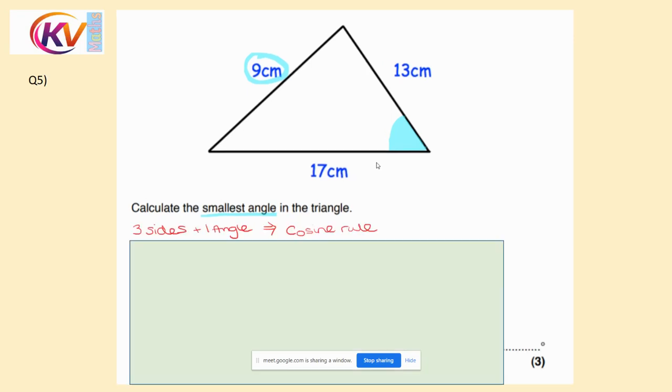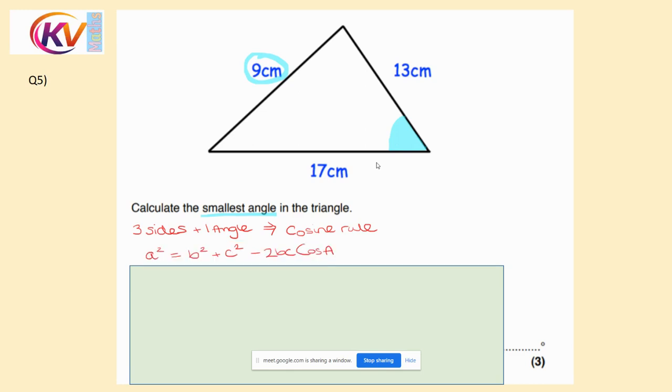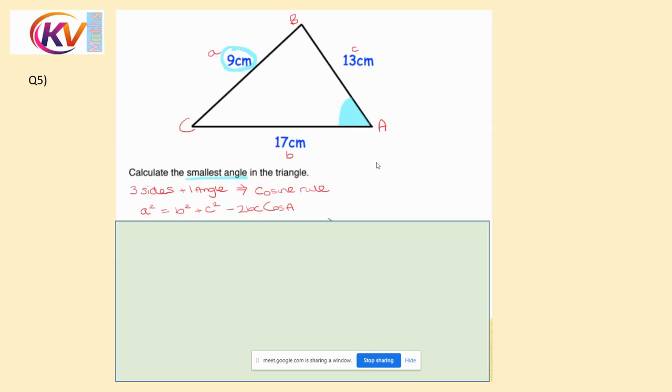We then want to obviously label everything and identify that we have 3 sides and 1 angle, which is therefore the cosine rule again. So we know the cosine rule is a squared equals b squared plus c squared minus 2bc cos A. Obviously, we need to label our triangle and then fill in the information.